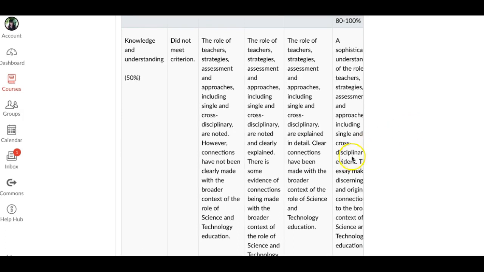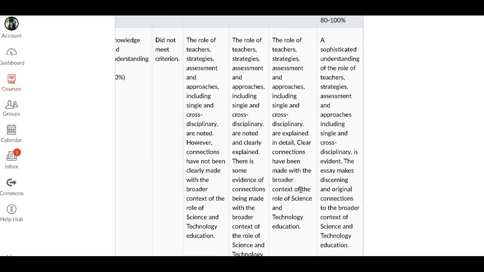For a distinction, the role of teachers, strategies and assessment approaches, including single and cross-disciplinary, are explained in detail. And here you would have made clear connections to the broader context of the role of science and technology education.